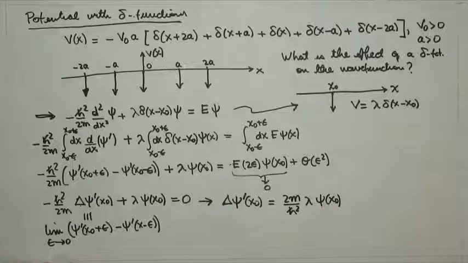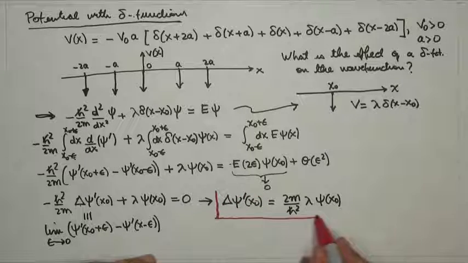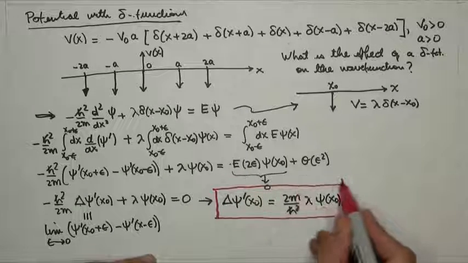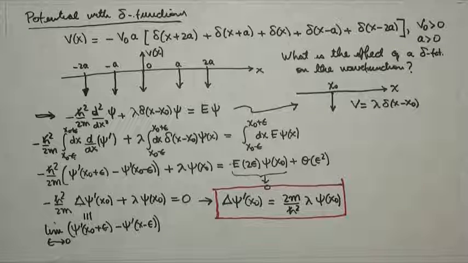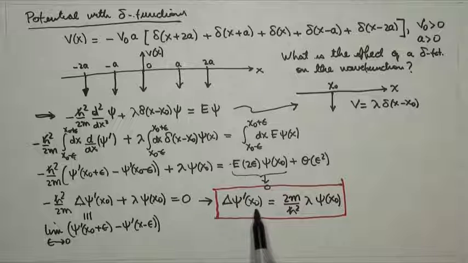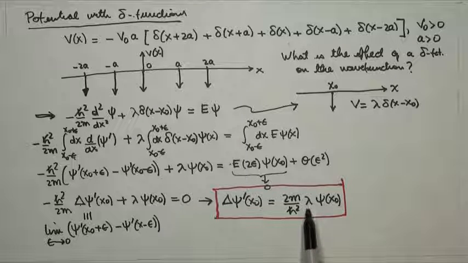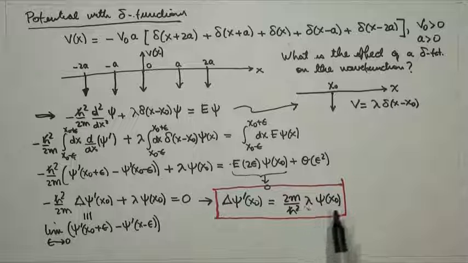This is a very nice formula, so I'm going to box it with color to make it look nice. Key identity for potentials with delta function. It's telling you that the delta function causes a discontinuity in the slope of the wave function equal to a quantity which is the product of the strength of the delta function times the value of the wave function at that place where the delta function sits.